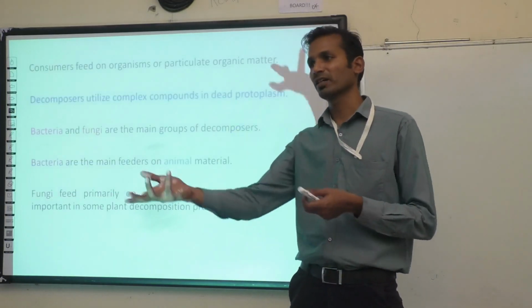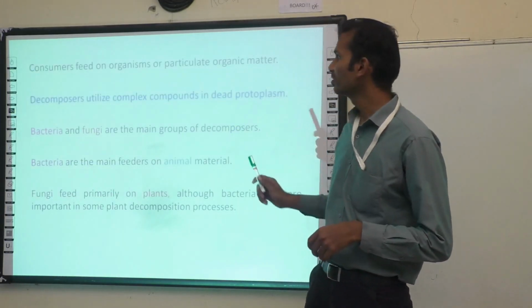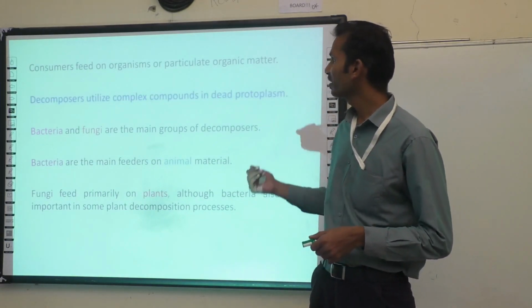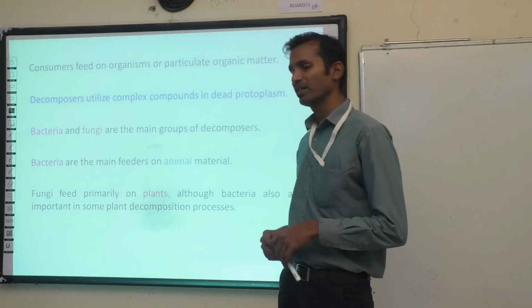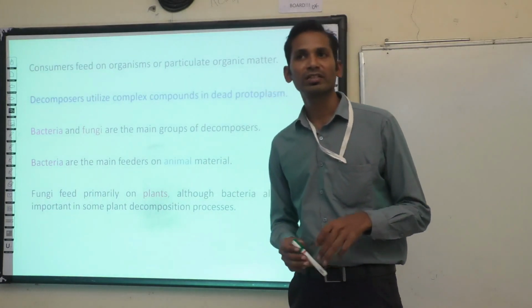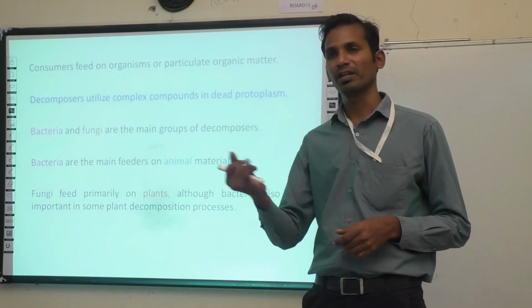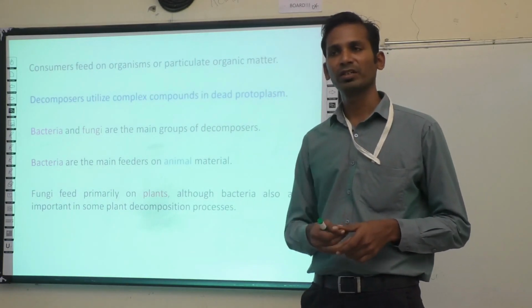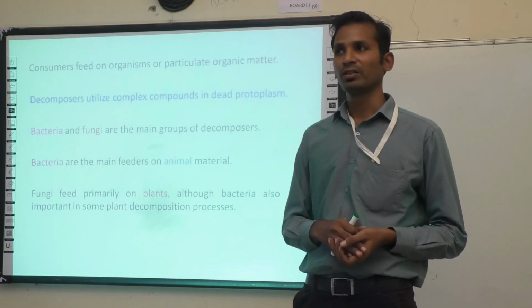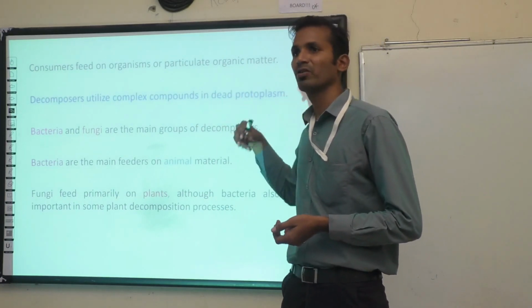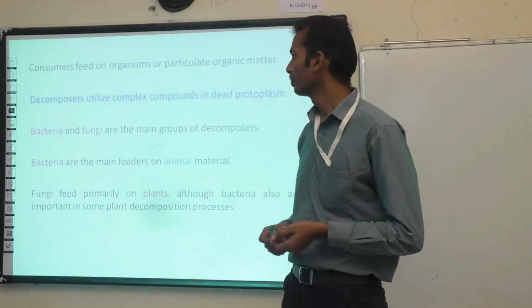These consumers feed on organisms or particular organic matter. Consumers are classified into three different types: primary consumer, secondary consumer, tertiary consumer, divided into subcategories based on the uptake of food.